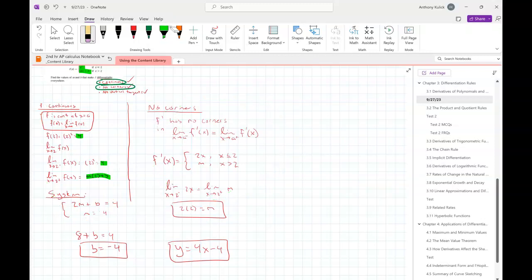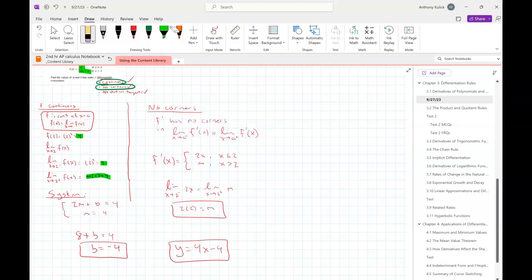This is a super, super common question, either from a multiple choice standpoint, where they may just give you a piecewise function and ask where is it differentiable, or where is it not differentiable? And this is exactly what you check. You have to check first, is it continuous?